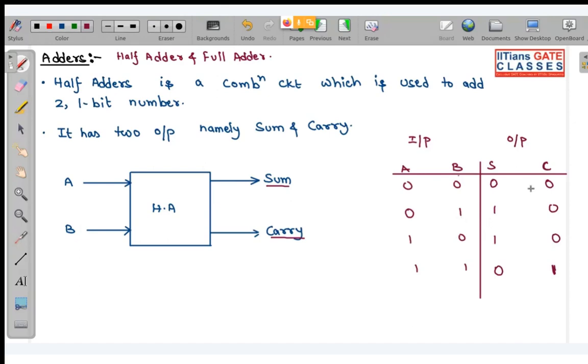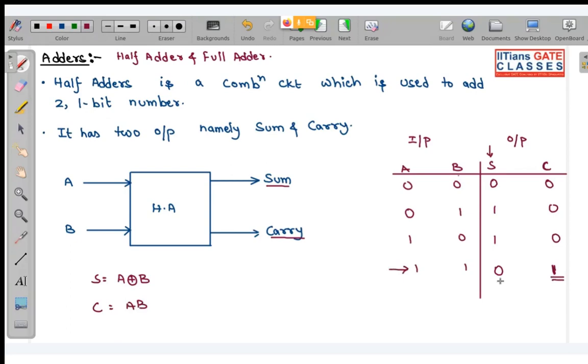Now, if I want to write the expression of S in terms of inputs A and B, I can write S as A XOR B, because this S is the truth table of your XOR gate. And for C, at this place only we have a min term, so that will be AB.